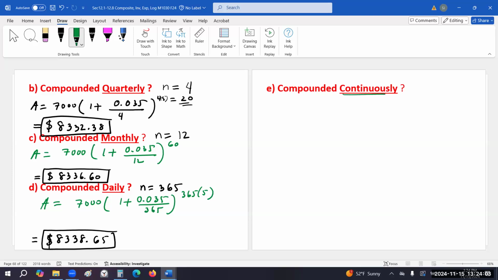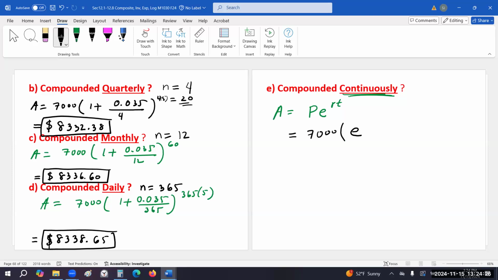Now for continuous, we cannot put a number for n because continuous means forever and ever. So that's why we use a different formula. People call it Pert, P-E-R-T. Our principal is the same, 7,000.